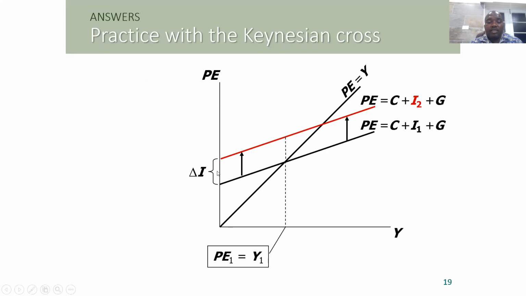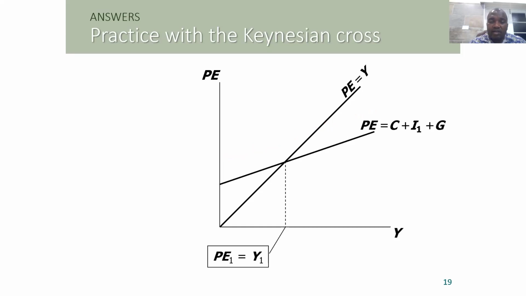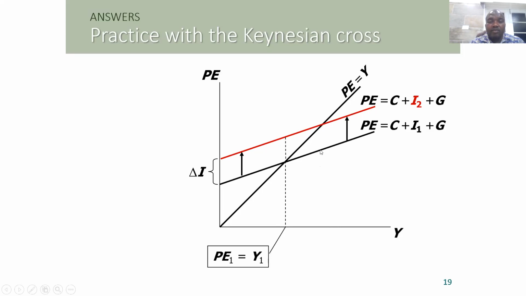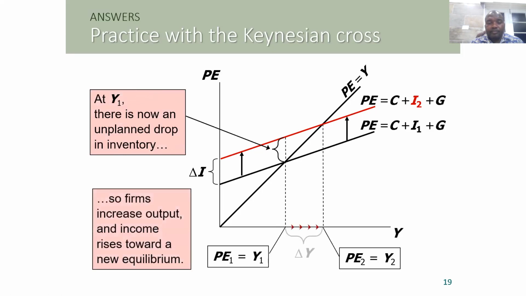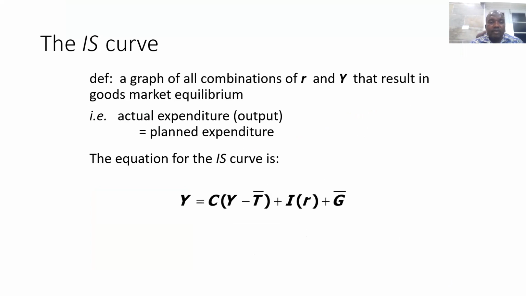So the effect of increasing investment spending is just to shift upwards the planned or aggregate expenditure schedule, leading to a rise in national income, at a point which coincides with where my cursor is. So firms increase output and income rises towards the new equilibrium, obviously taking into account the multiplier effect.